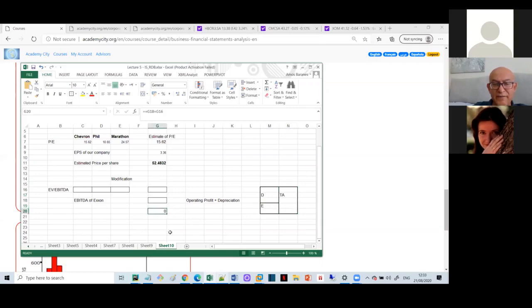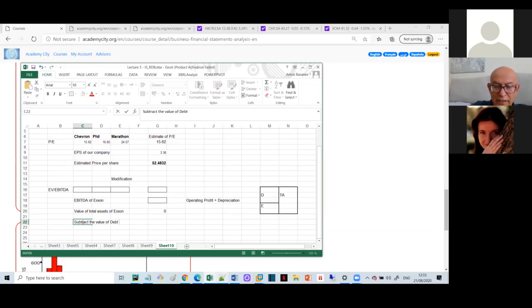So what we're getting here eventually, this is the value of total assets of Exxon. Fair enough? That's really what we're getting here. This is the total value. So if I want to find out what is the value of the equity, I must subtract the value of debt of Exxon.